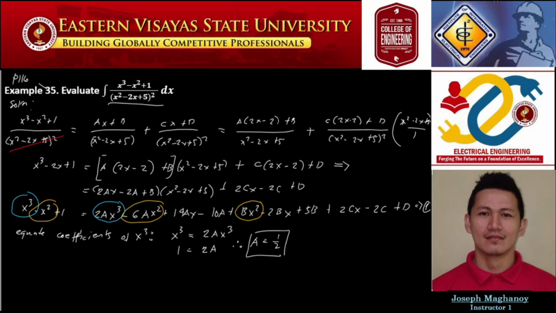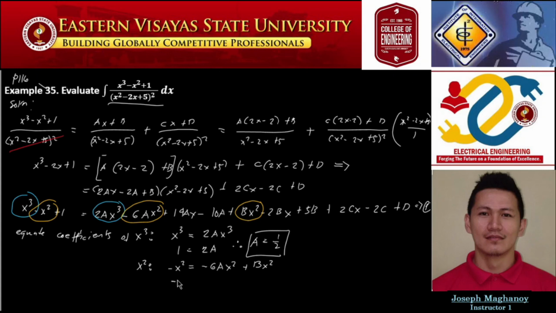So rewriting for x squared, you have negative x squared is equal to negative 6ax squared plus bx squared.